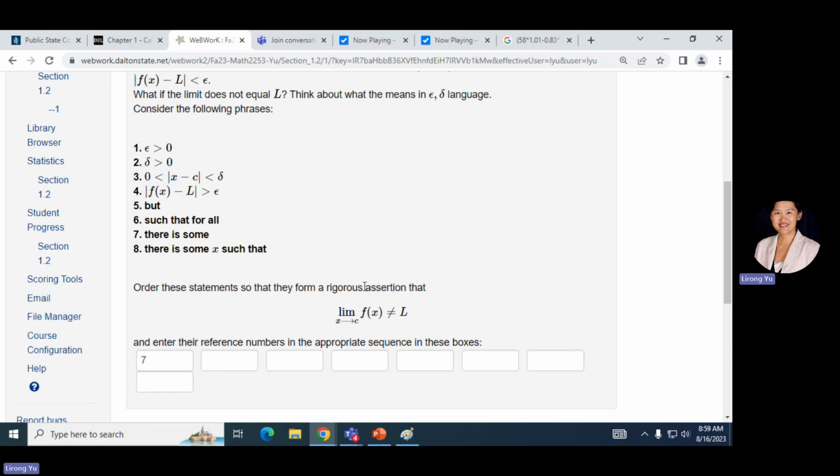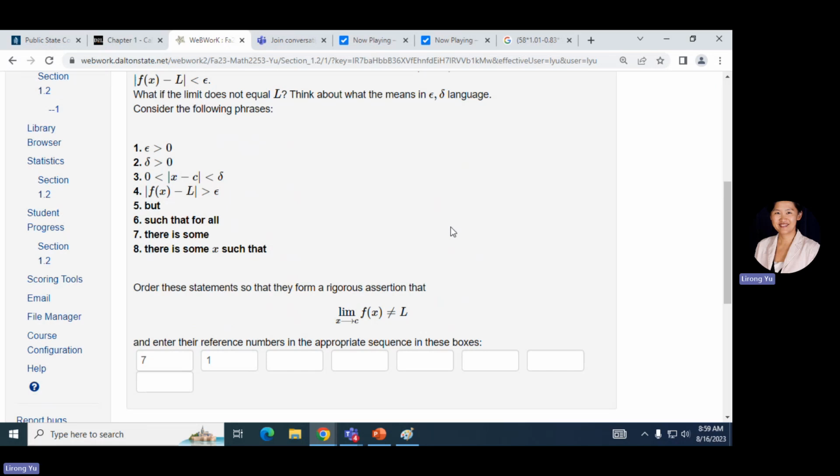There is some epsilon positive for any delta positive.